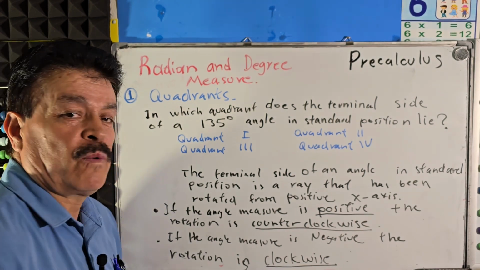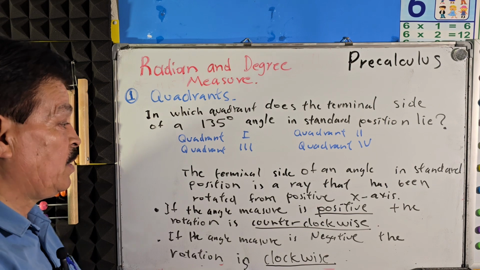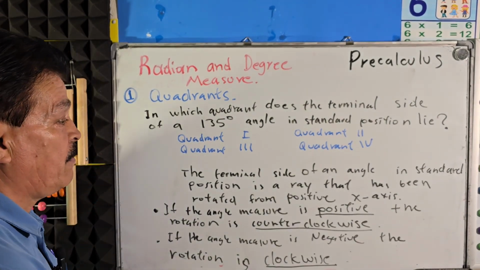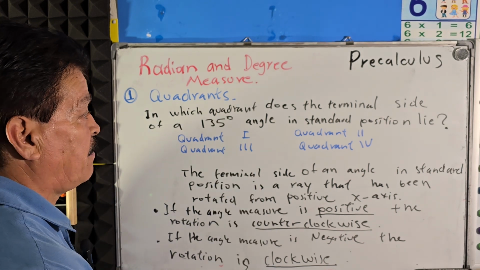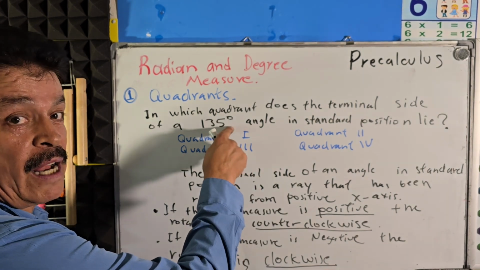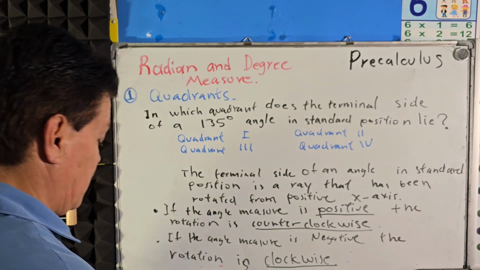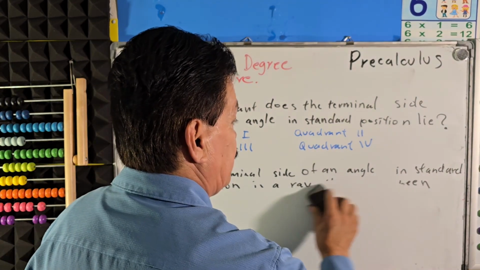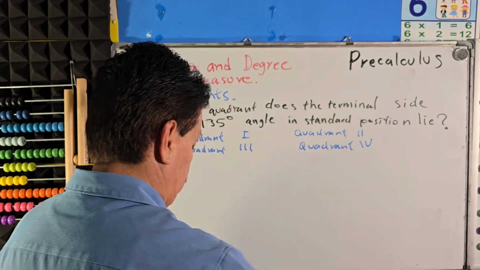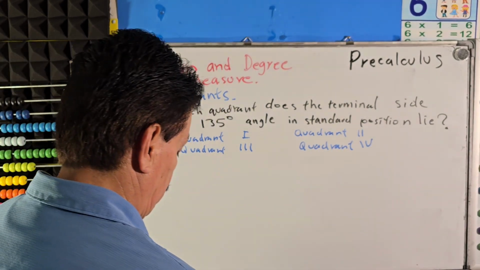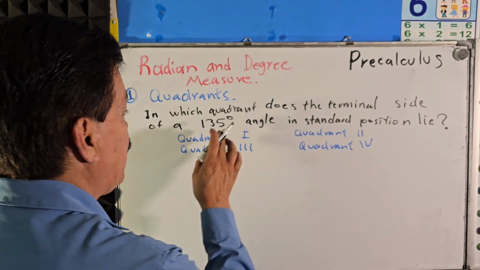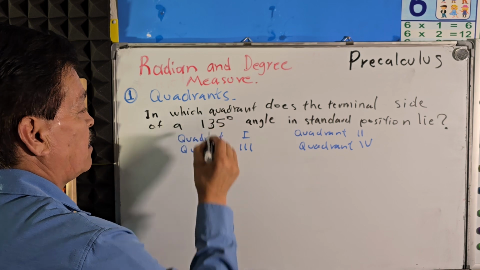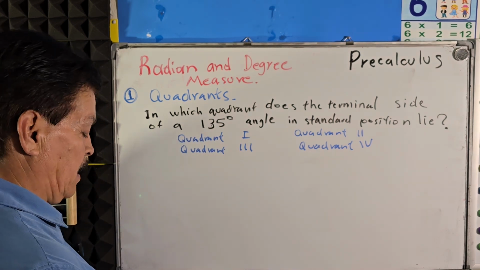I will work in the problem. It's easier to understand what I mean, our concept. So now we have to solve. You have all the information here, and next is to find the place for this 135 degrees. So let's erase here. Remember from the concept, this angle is positive, right? It is positive.